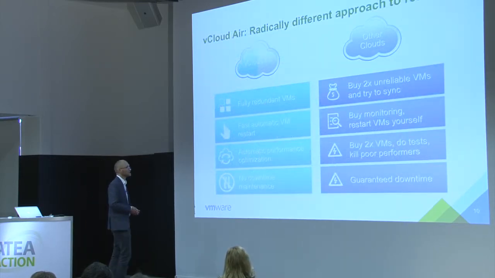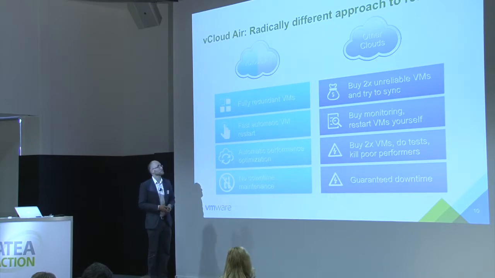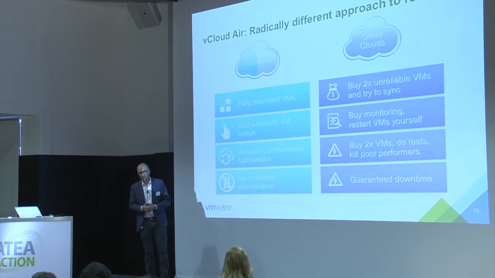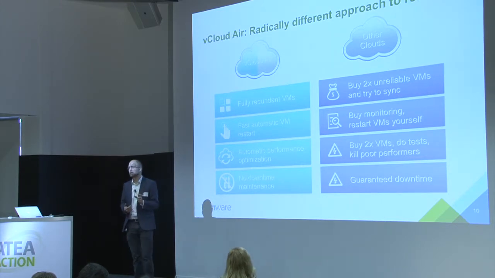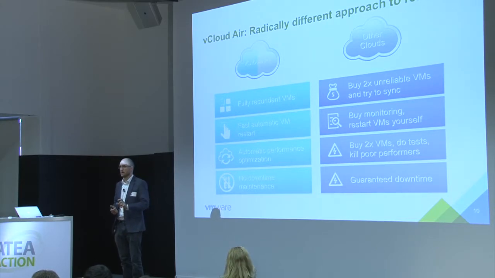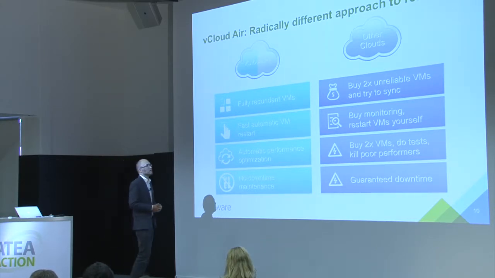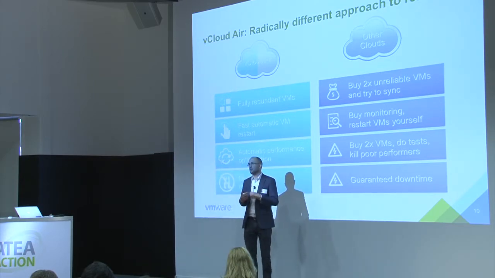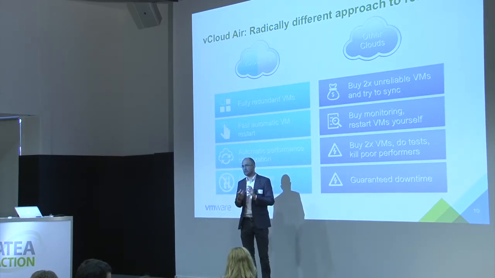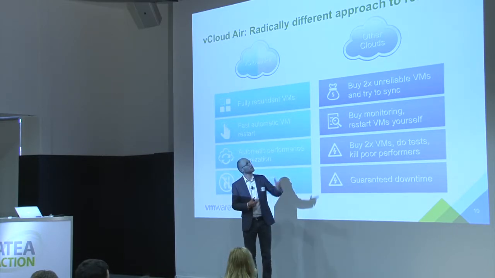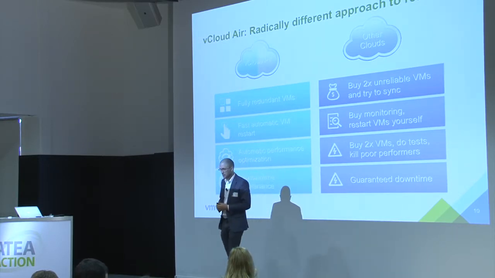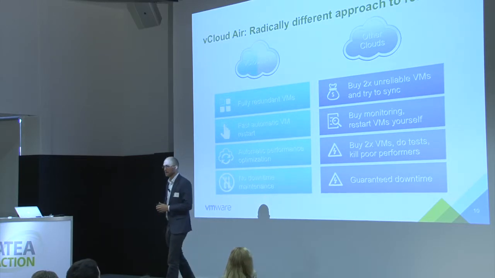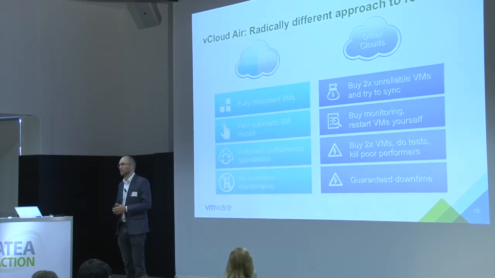So let's take a different view on our competitors. With vCloud Air, you get fully redundant virtual machines. It does not mean that the virtual machine itself is redundant, but the infrastructure is. If you look at our competitors, as I said, you need to rewrite bits and pieces of your application. So what our competitors provide is a sometimes unreliable platform.